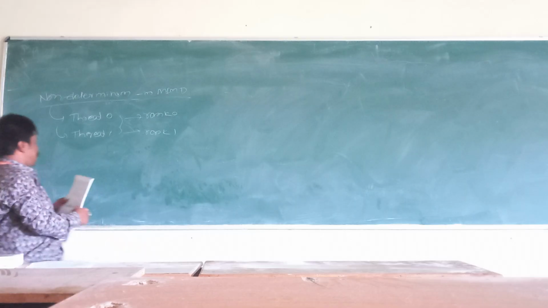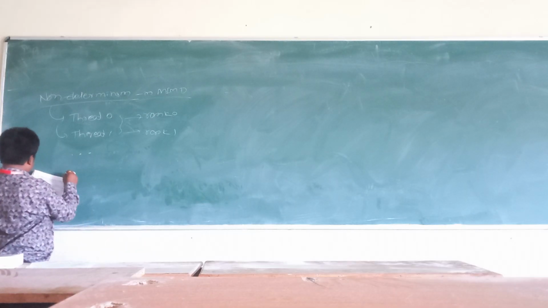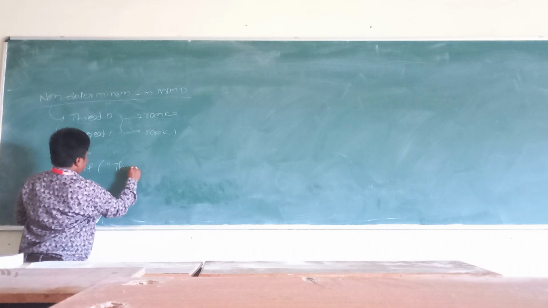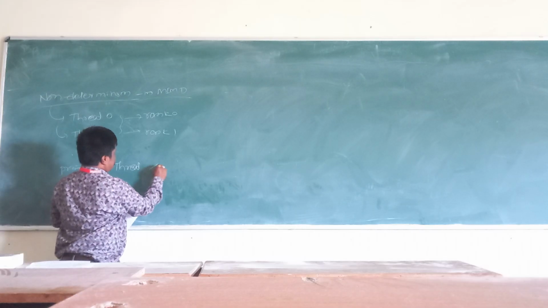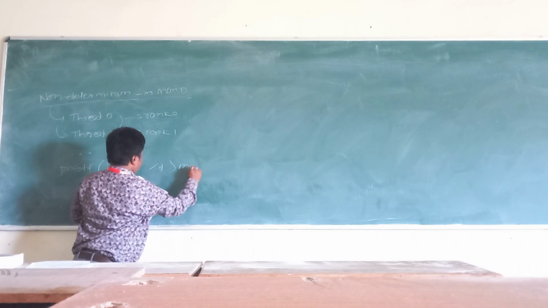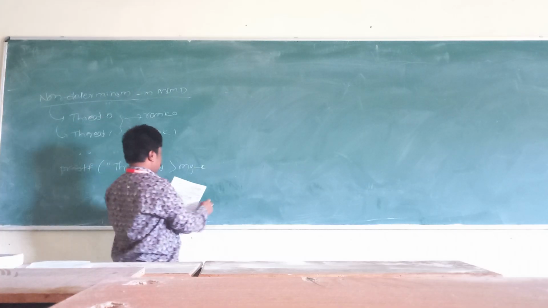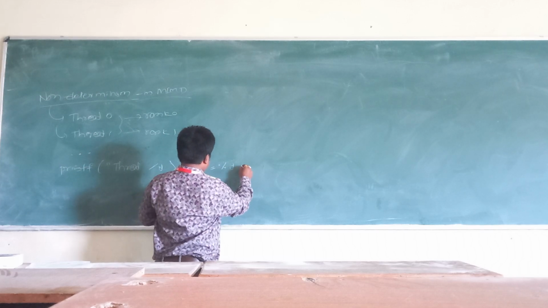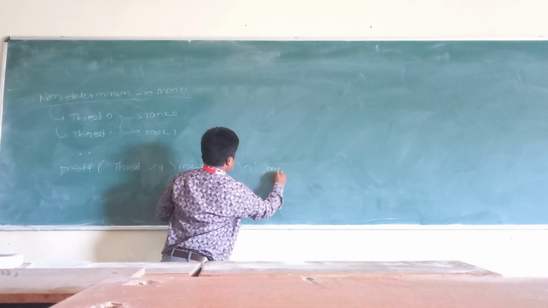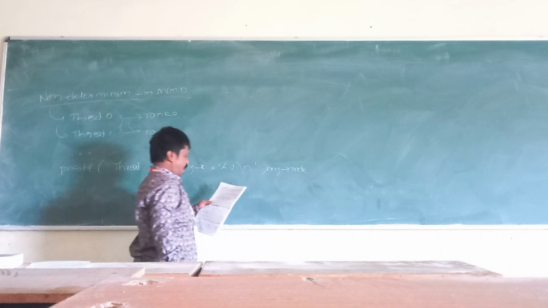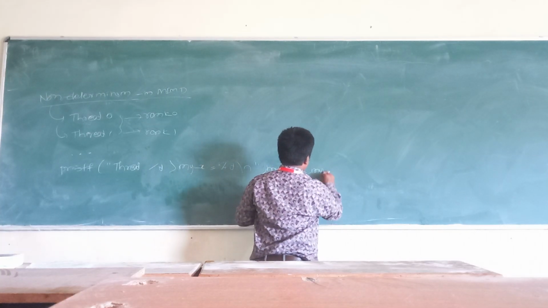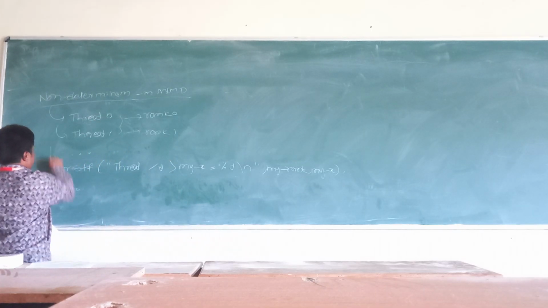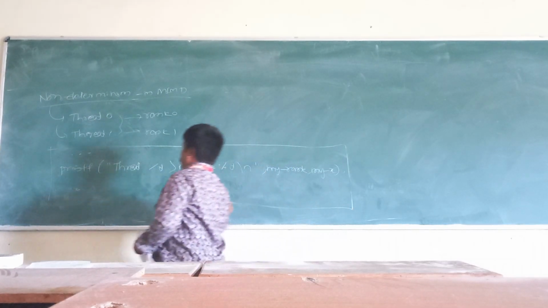If you have a small pseudo code with printf, printf("thread %d my x = %d\n", rank, ...). This is the pseudo code, and this part of the code is to be executed.